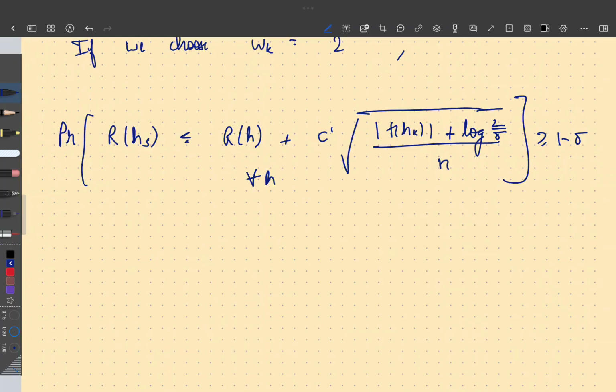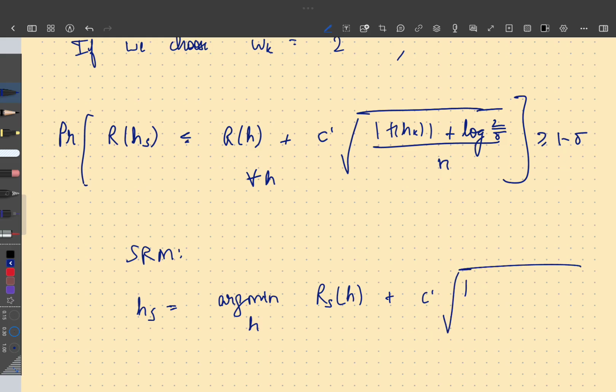So in some sense, the SRM rule is basically going to be h_S is the arg min over all h of R_S(h) plus a constant times the square root of length of f of h plus log 2 over delta, divided by n.